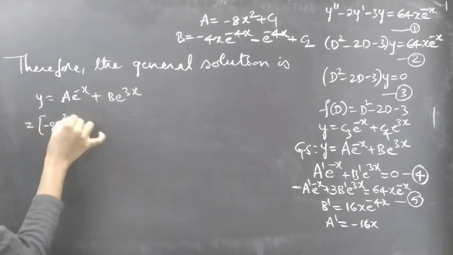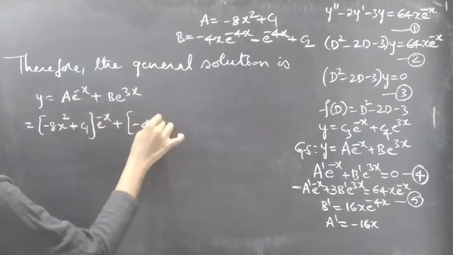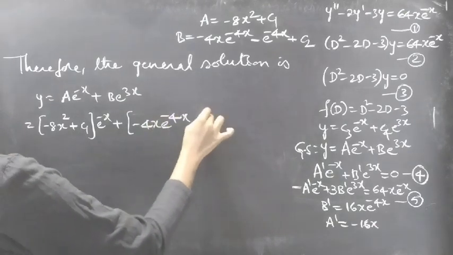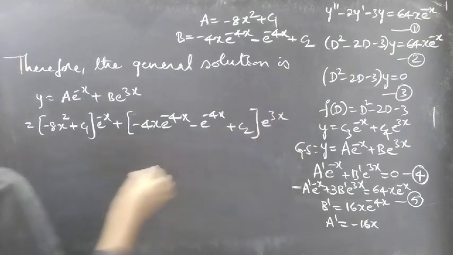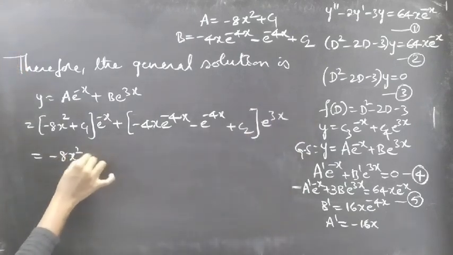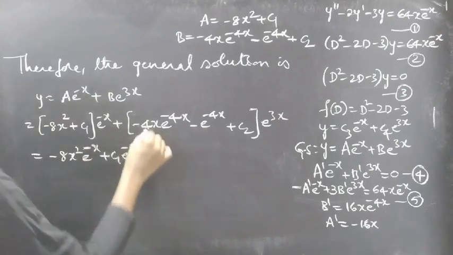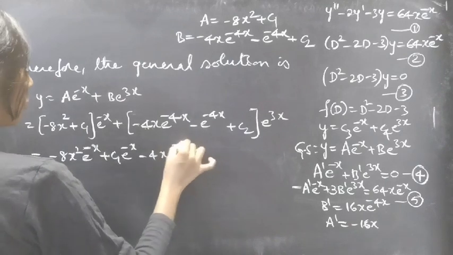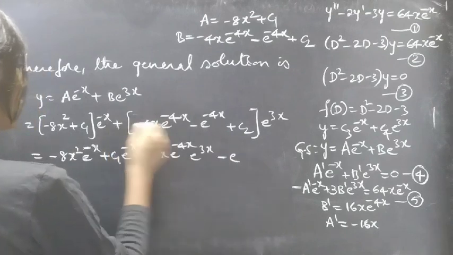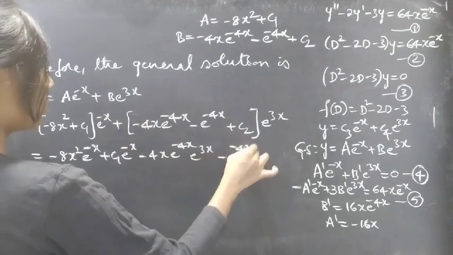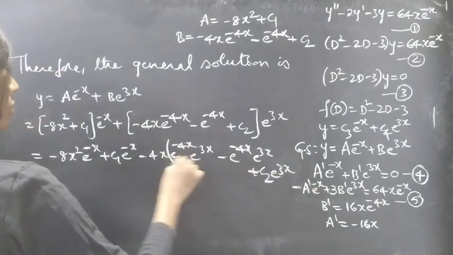We have a, minus 8x square plus c1, into e power minus x, and b is minus 4x e power minus 4x minus e power minus 4x plus c2, into e power 3x. This gives us minus 8x square e power minus x plus c1 e power minus x, minus 4x e power minus 4x into e power 3x, minus e power minus 4x into e power 3x, plus c2 e power 3x, right?